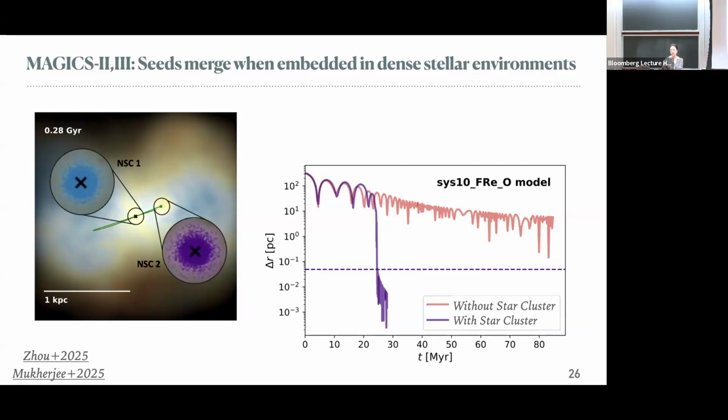And then once it hardens, it can stall. Here we didn't show it, but this is like the final parsec, so you can still spend a lot of time here until it emits gravitational waves.